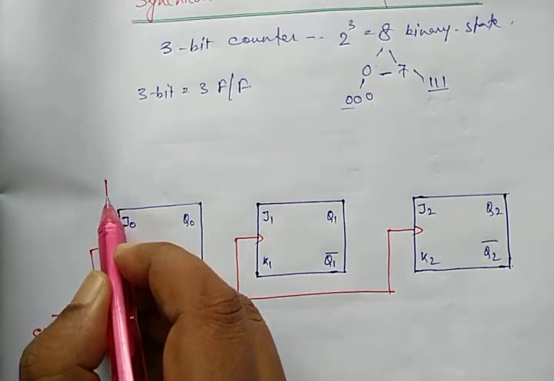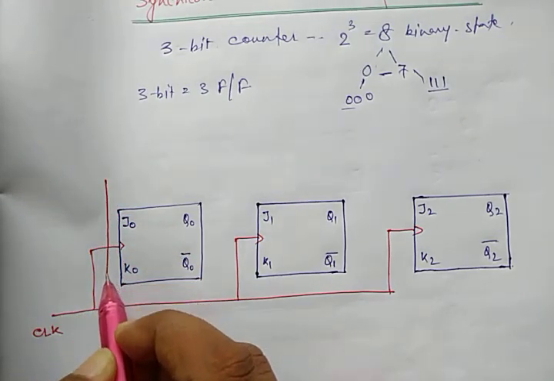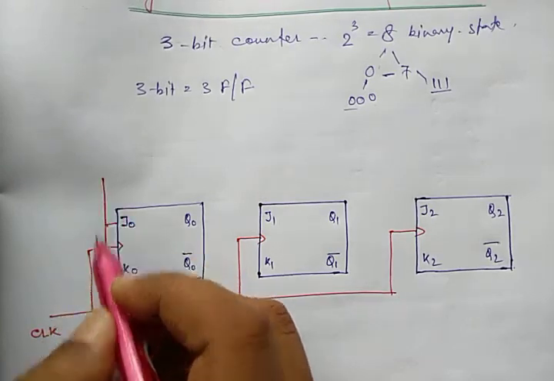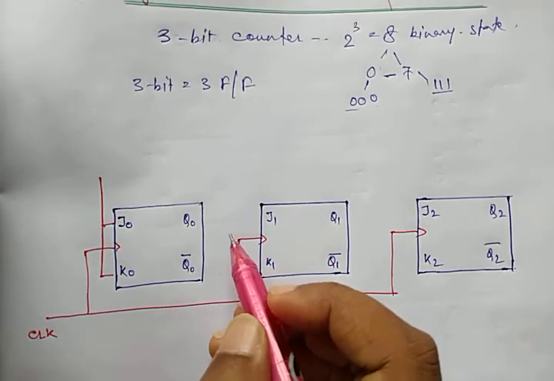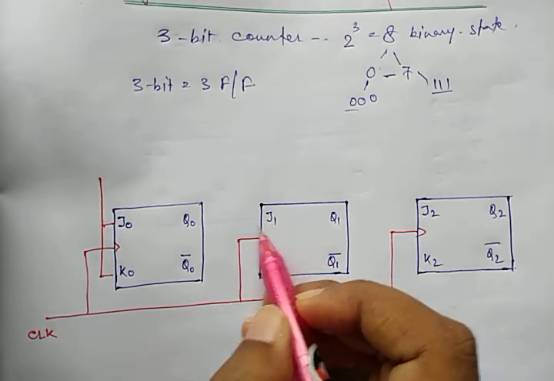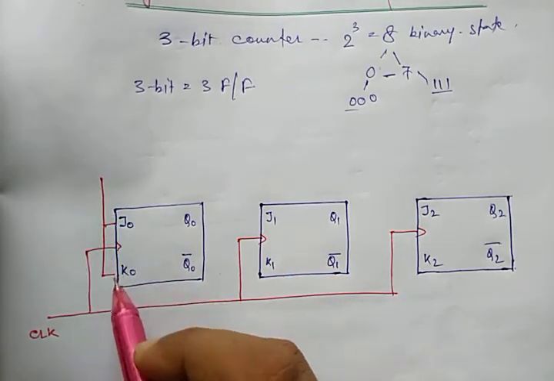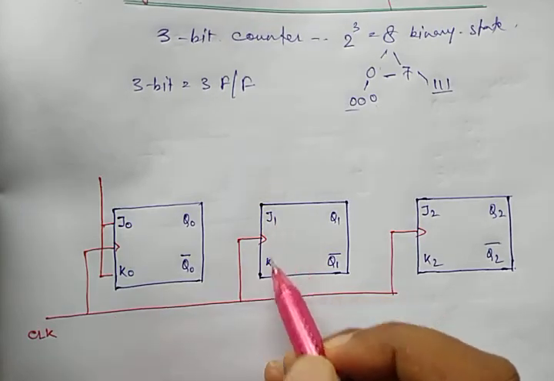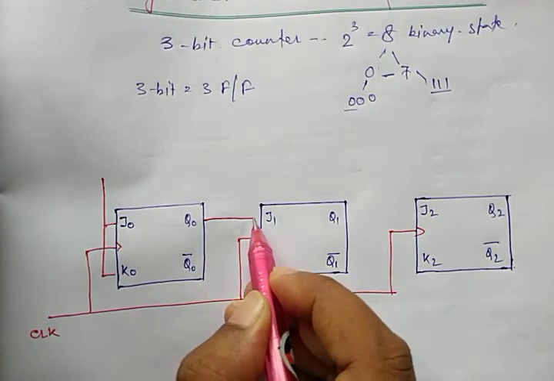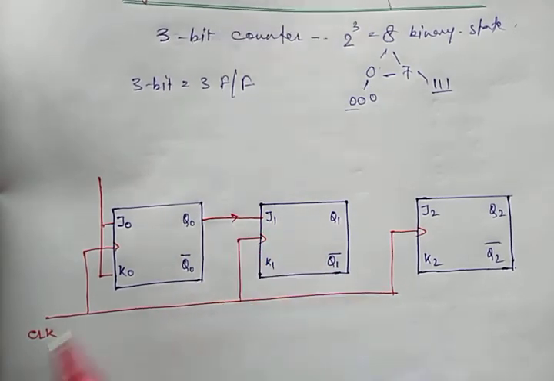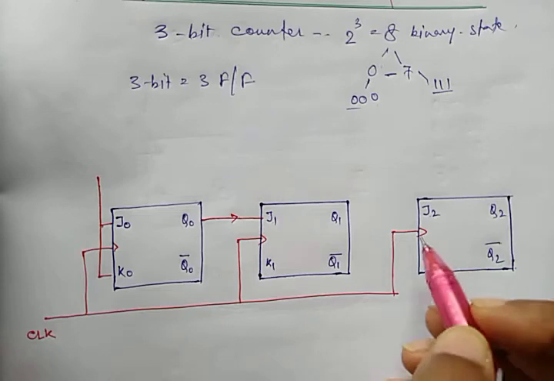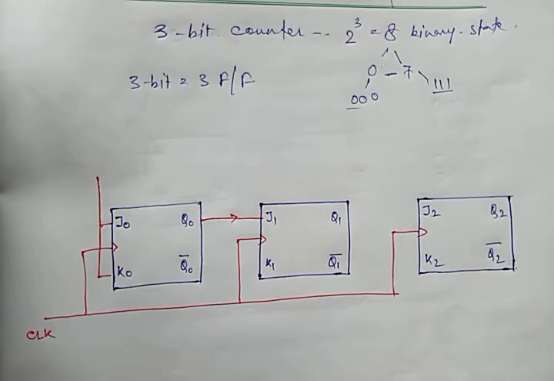So the input of the first flip-flop of this counter, J0 K0, comes from the outside world. J1 K1 gets its input from the output of the previous flip-flop. Clear? J2 K2 gets its input, and here is some trick.